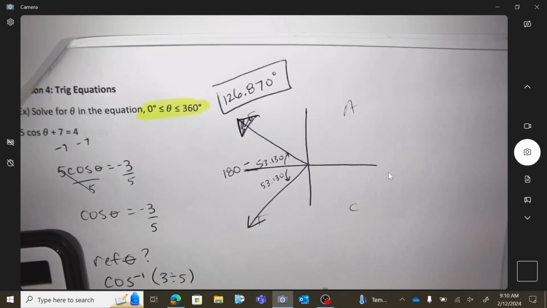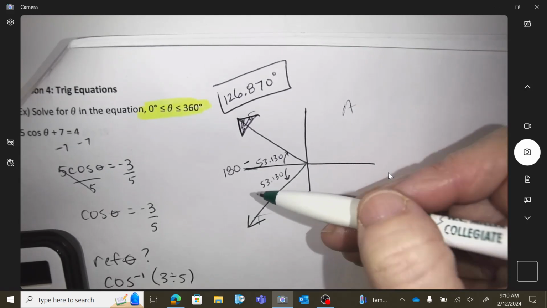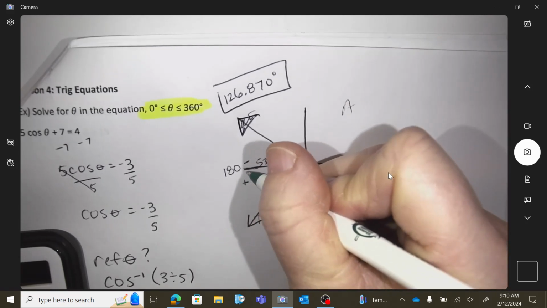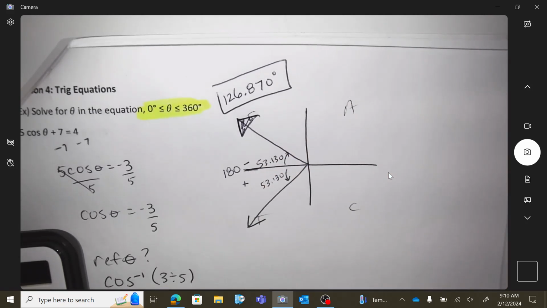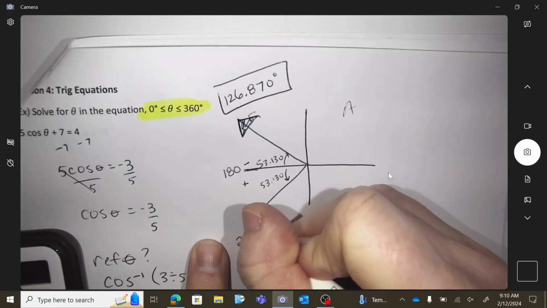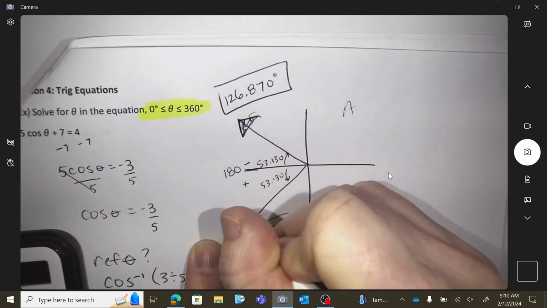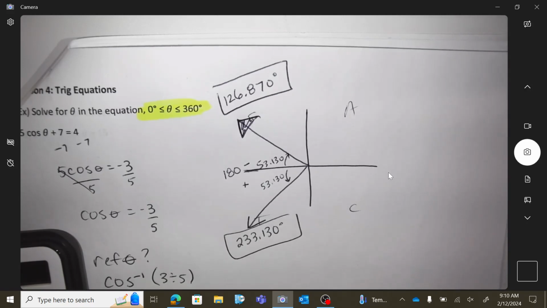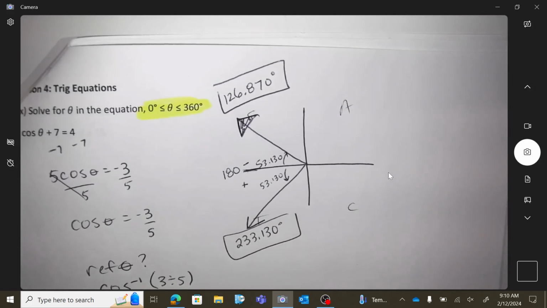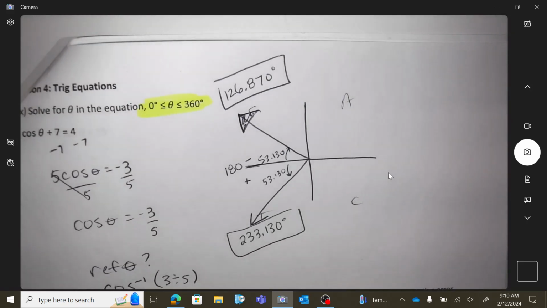And then what would we say about the other one? Would you agree that it's that much bigger than 180? Does that make sense visually? Okay, does that kind of ring a bell? That's an exact grade 11 question.